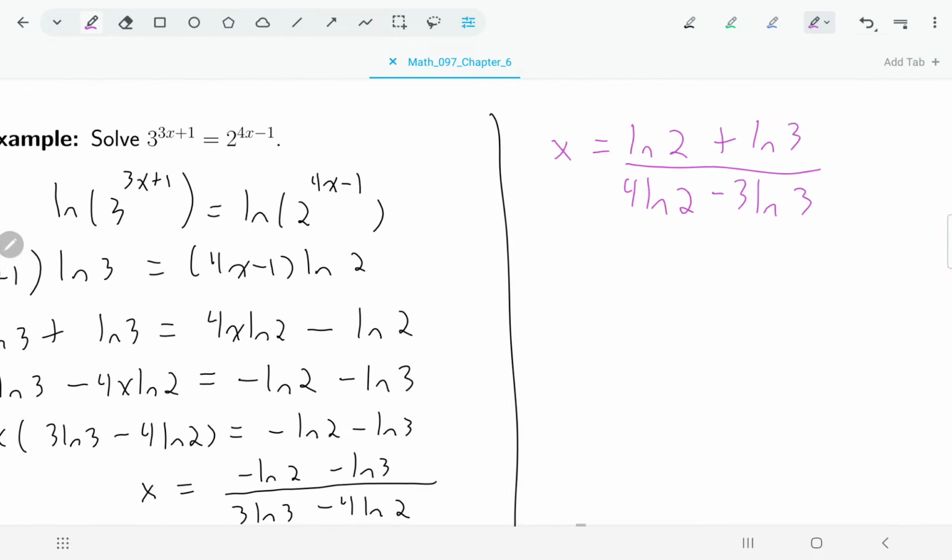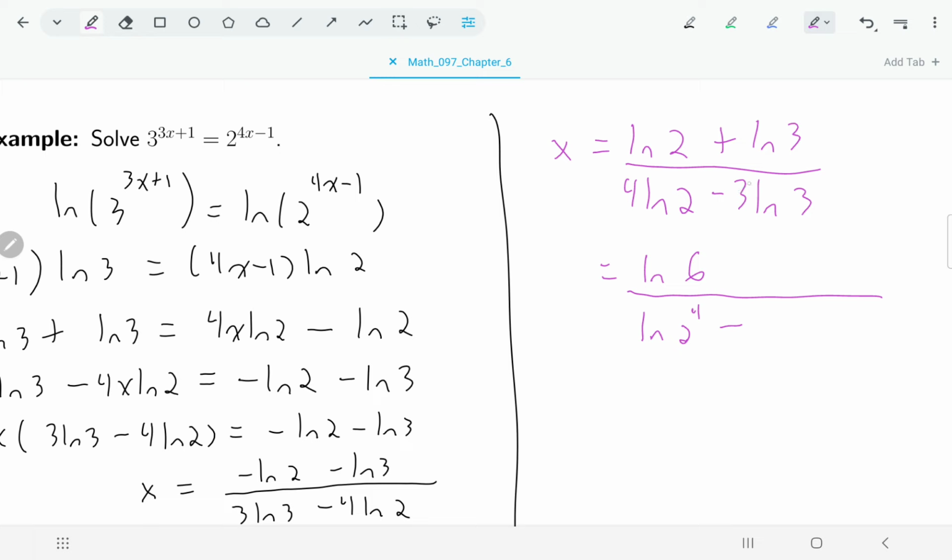The next thing that they might do would be to start using some log properties. On the top, you have natural log of 2 plus natural log of 3, which becomes natural log of 2 times 3, which is natural log of 6. On the bottom, we have 4 times natural log of 2. That 4 can come up as a power on the 2.